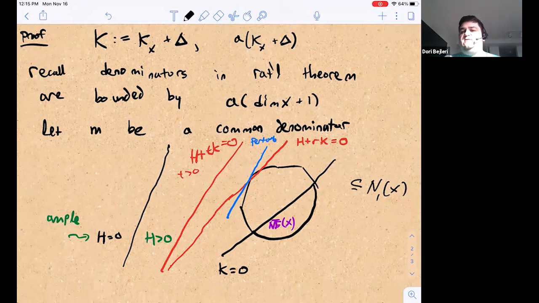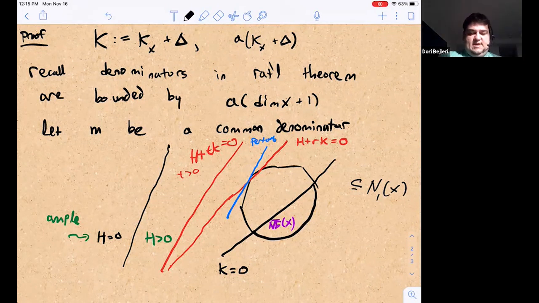And if you've seen the bend and break method before, which is how you can prove this in the smooth case and with no boundary, then you should think of this as a little analogous. In the bend and break method, you take some curve that's K-negative, and then you deform that curve until it breaks up into smaller curves, and that tells you that whatever your curve was is the sum of curve classes of lower genus, and eventually you break them down into genus 0 curves, and you get that all your K-negative curves are sums of genus 0 curves, and those give you your rational curves that span this part of the cone of curves.